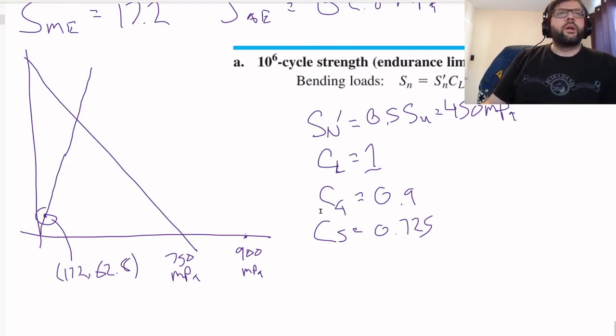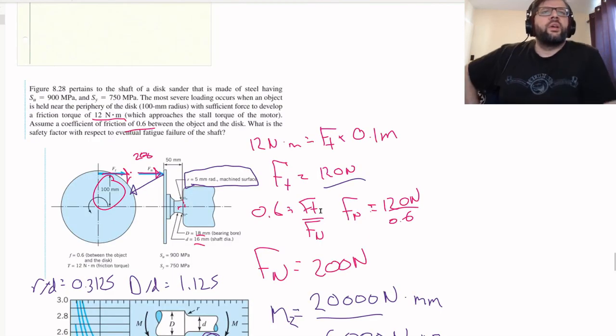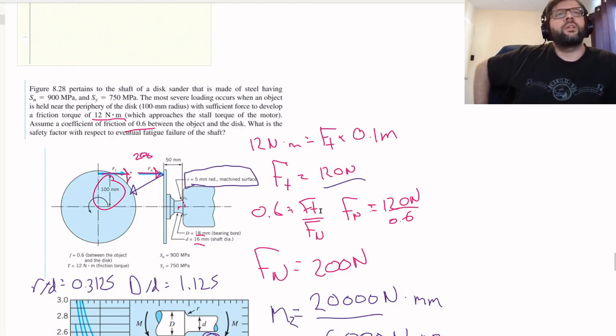And how about a Cr? Let's see here. Does not look to me like they specified any particular reliability. So for now let's just assume that we're talking a Cr of 1.